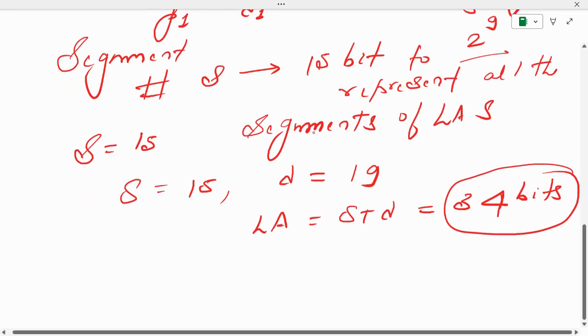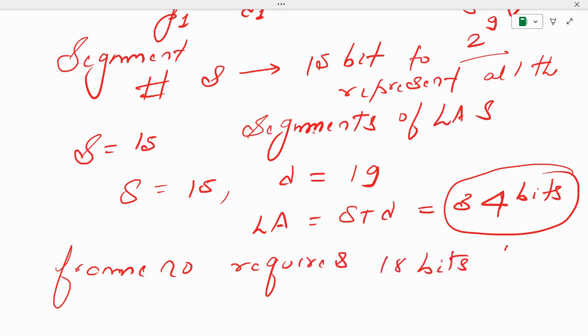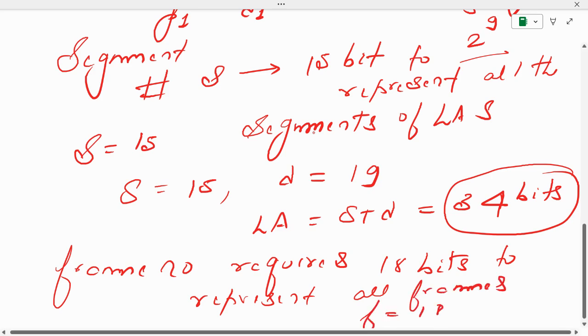Now let's see what is being asked here. And one more thing: the frame number requires 18 bits to represent all the frames of PAS. So this 18 bit is nothing but the frame bits, that is f equal to 18.